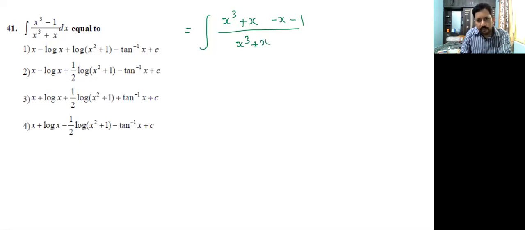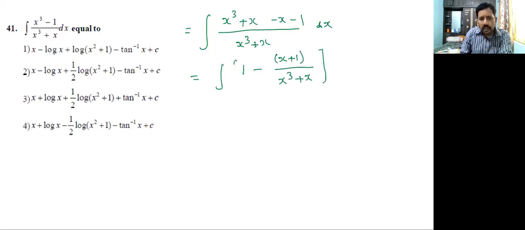Now x cube plus x divided by x cube plus x should be 1, and minus x minus 1 is there. Take minus common, and the numerator will be x plus 1 divided by the denominator x cube plus x. Right. Up to here, understood?